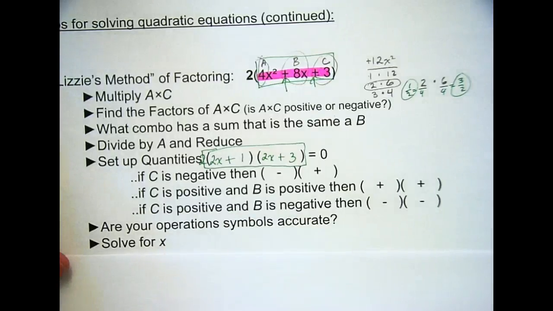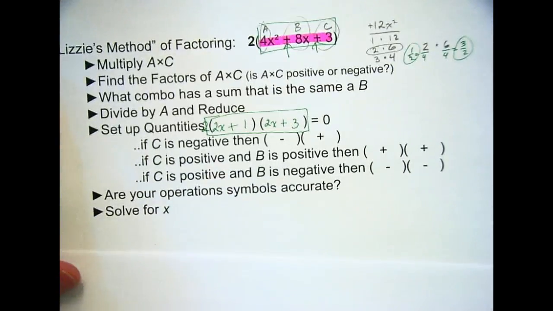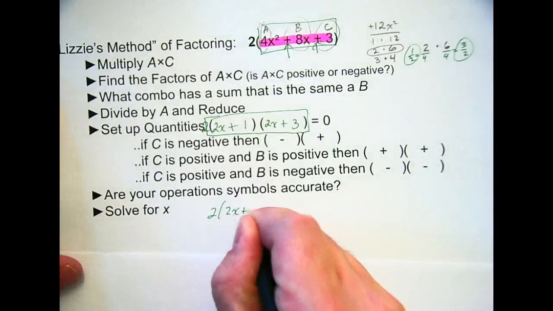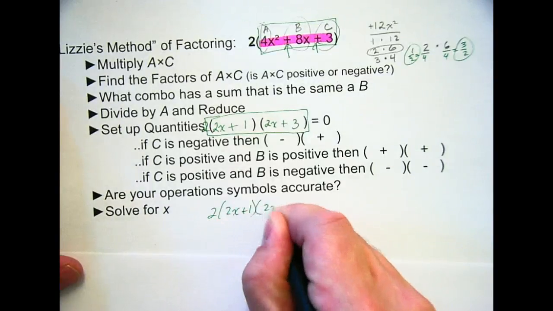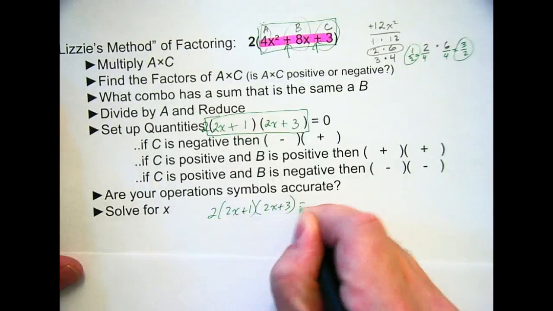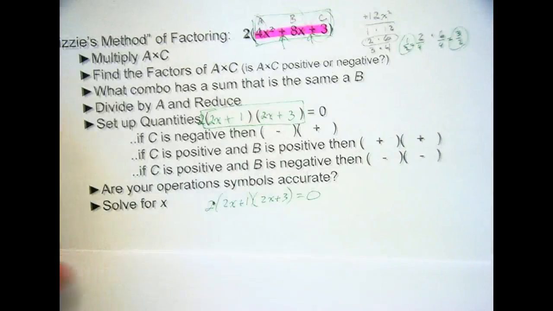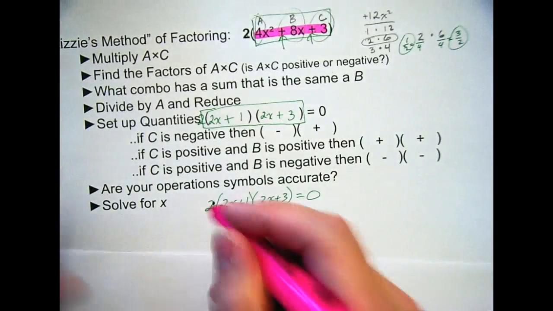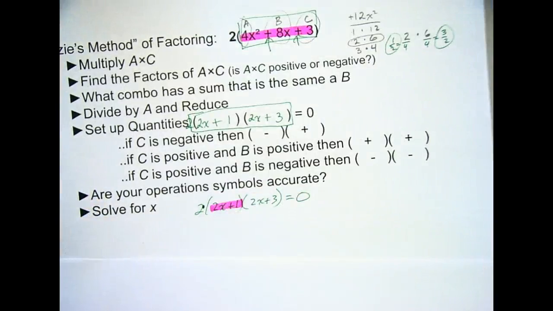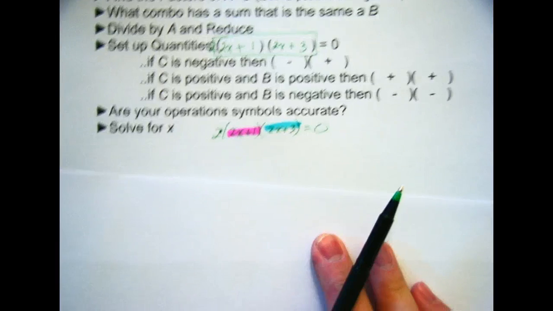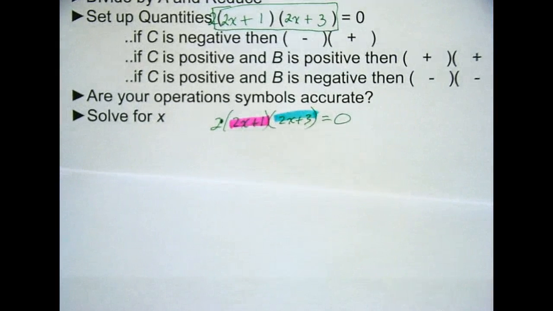The whole point of doing that is that now I can say, I know that 2 times the quantity 2x plus 1 times 2x plus 3 equals 0, which means I'm multiplying 3 things, that 2 by this quantity by this quantity, to get 0. In order to get 0, one of those 3 things has to be 0.